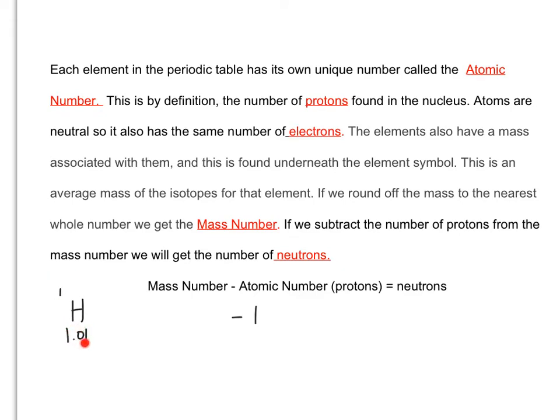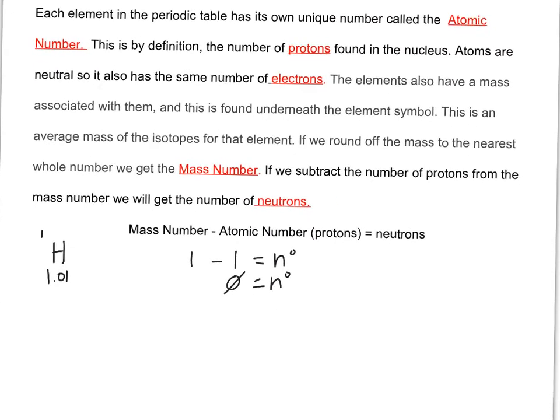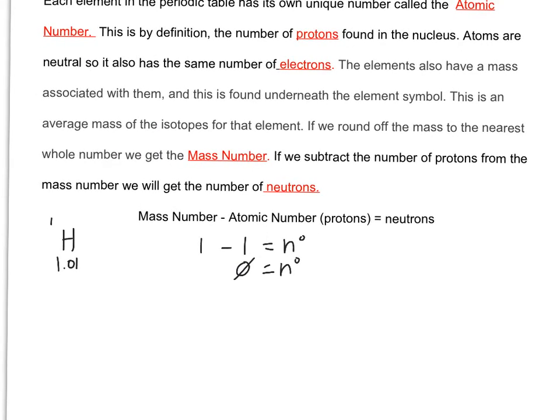So round this to the nearest whole number, so 1, and that will equal the number of neutrons. So 1 minus 1 is 0. So hydrogen has no neutrons in its nucleus. Now let's do another example. Let's do nitrogen.